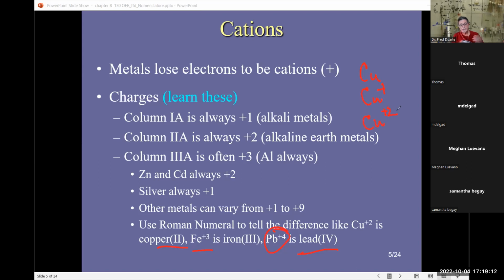Three different properties of the same element. Iron the same way. We've got elemental iron, but iron could have a +2, and there are examples of iron with a +3. Lead, too, can have a variety of oxidation numbers, depending on how they're bonded and what's happening there.